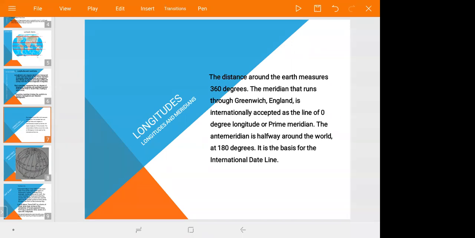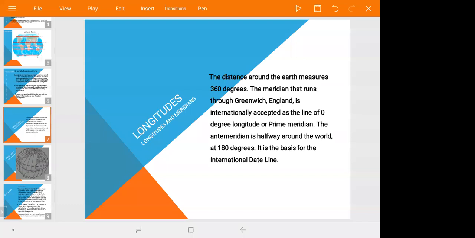For example, if for Mr. X, who is at 180 east, the date is October 14, for the person located at 180 degree west, the day is 1 day back. Yes, that means 13. Because there is a difference of 360 degrees of longitude, and that makes a 24 hour time difference. 24 hours means 1 day.